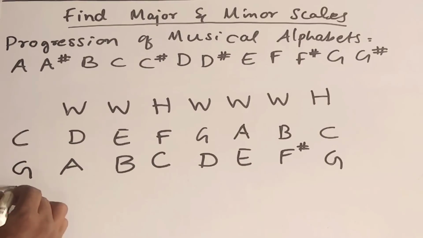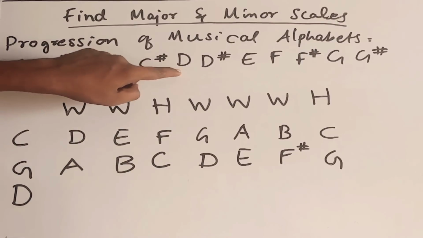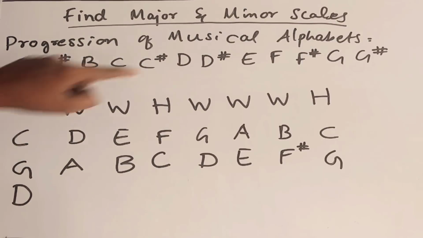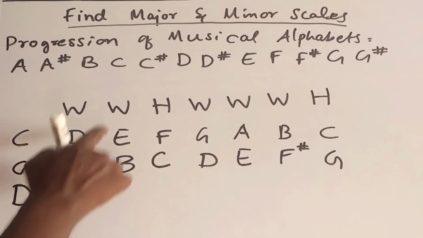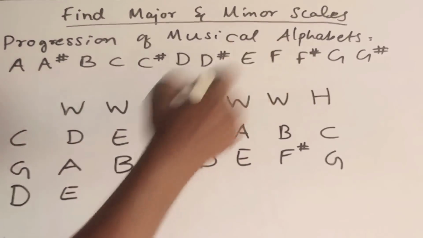Let's find D major scale. From D, the whole step is E. From E, the whole step is F sharp.